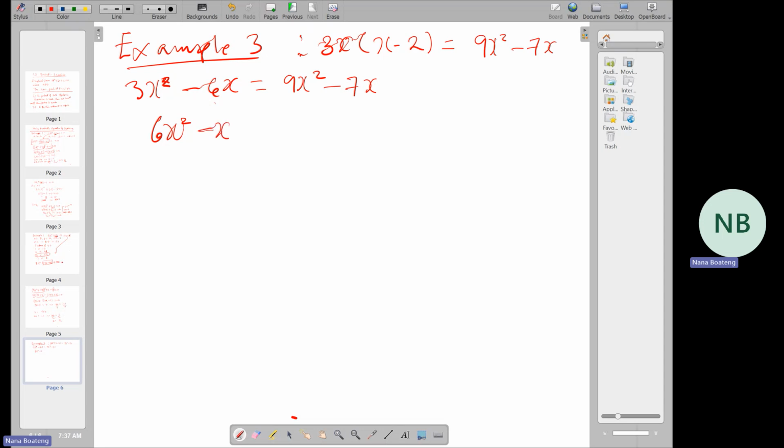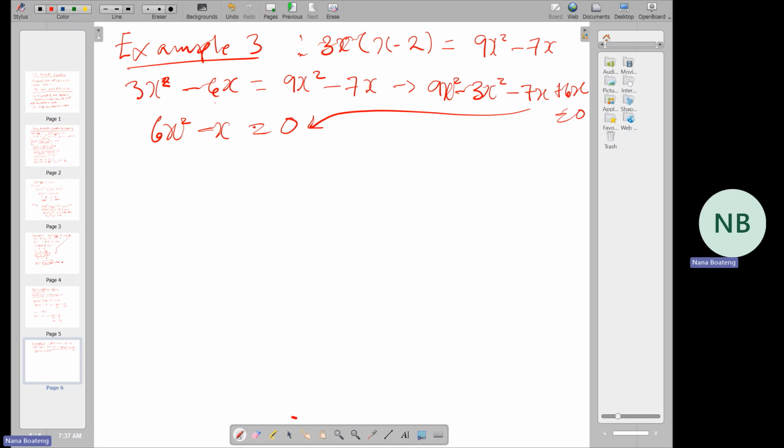So we have 6x squared minus x equal to 0. Let me rewrite this: it became 9x squared minus 3x squared minus 7x plus 6x equal to 0. So that is what resulted in this.